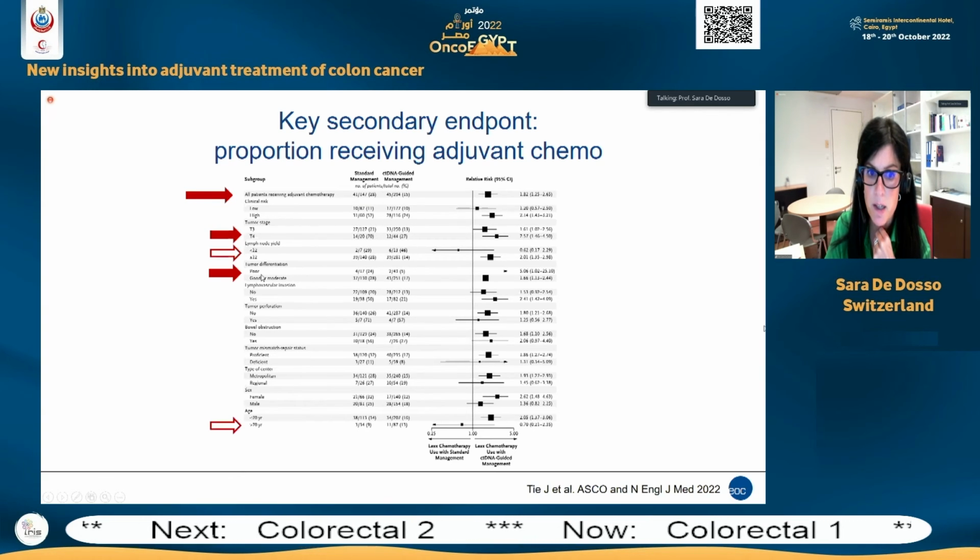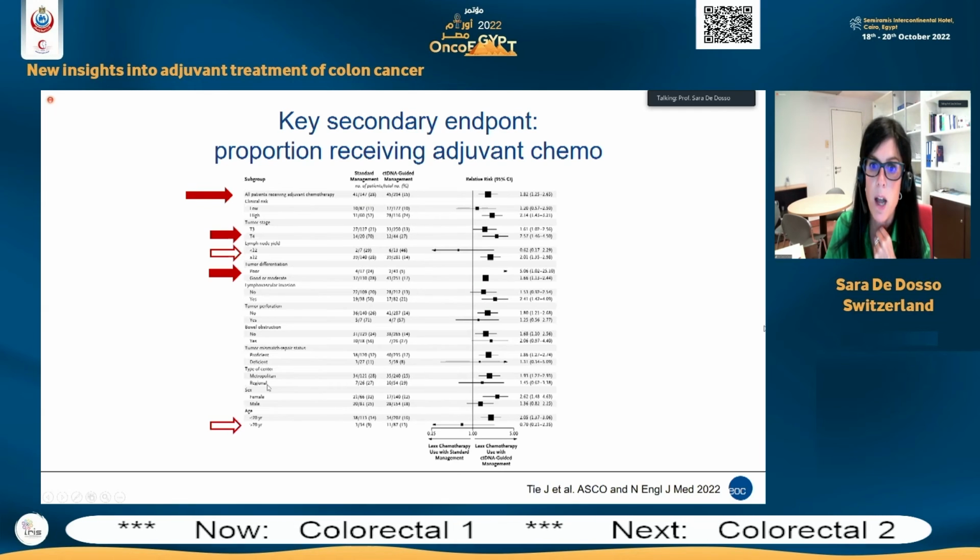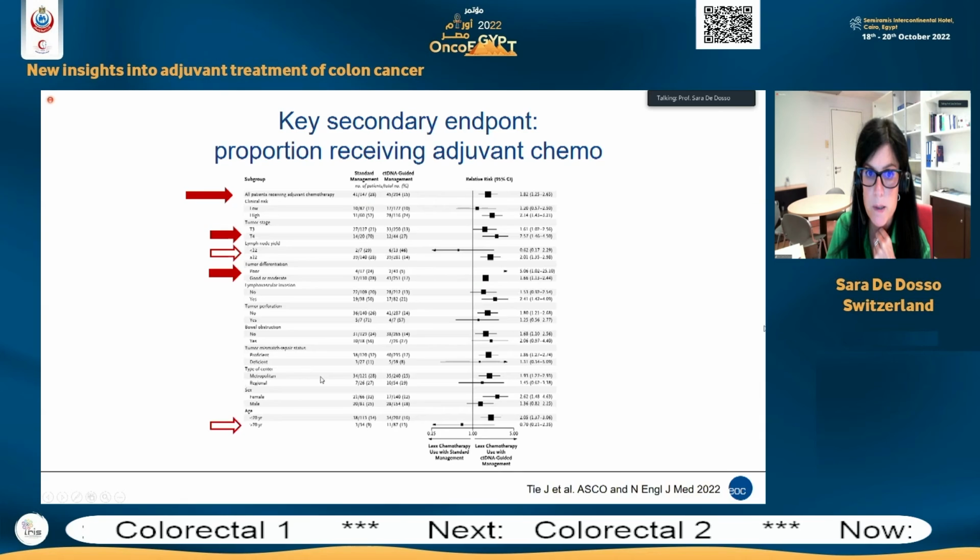On the other hand, there is less chemotherapy use with the standard management in patients older than 70 years and in case of resection of fewer than 12 lymph nodes.